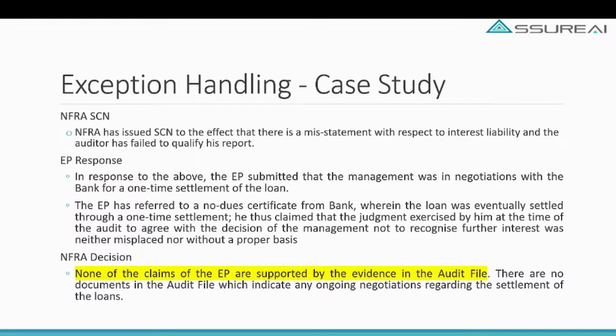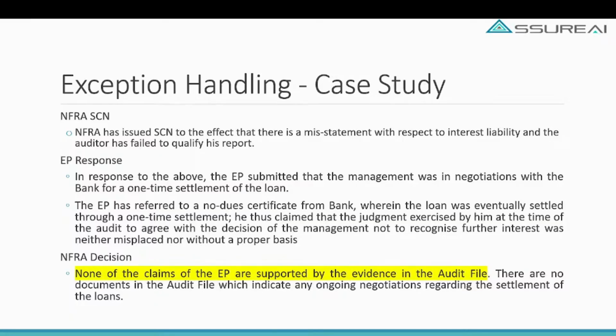But NFRA eventually concluded that none of the claims of the engagement partner are supported by evidence in the audit file. So this is the conclusion that NFRA has recorded.